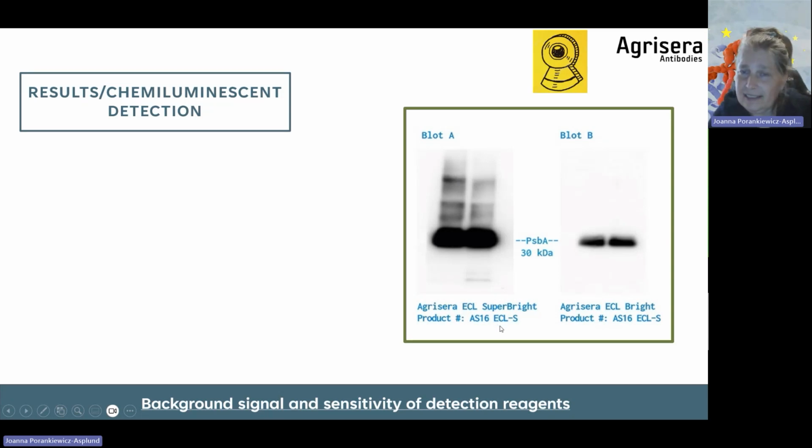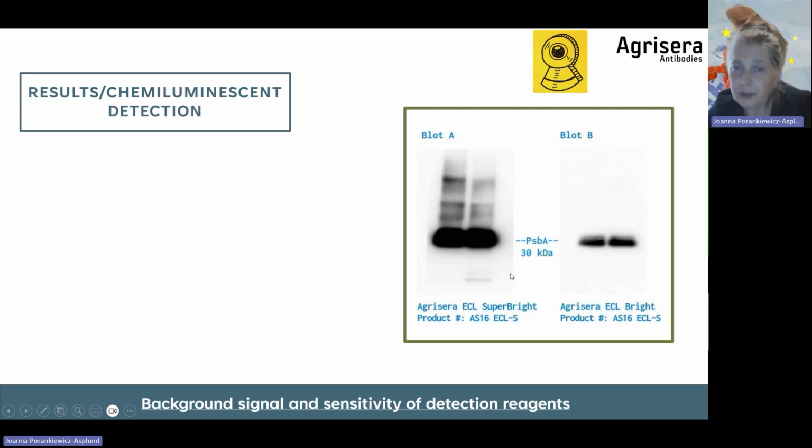So here in this example, Agrisera Super Bright, which is an extremely sensitive reagent, has been used on a very abundant protein. So of course, if you wash the same membrane and develop it with less sensitive ECL, the background signal is minimized.